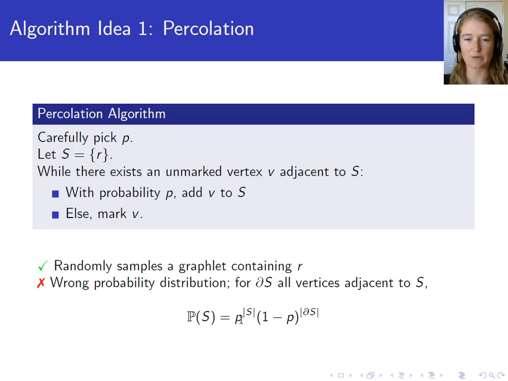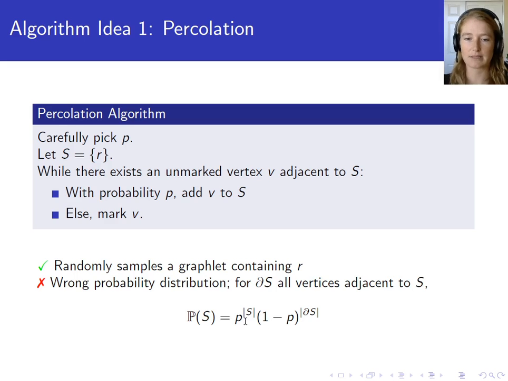Every single vertex in S we had to pick with probability P, and every single vertex adjacent to S but not in S we had to not pick with probability 1 minus P. Right? So this is the probability with which we sample a particular subgraph S.